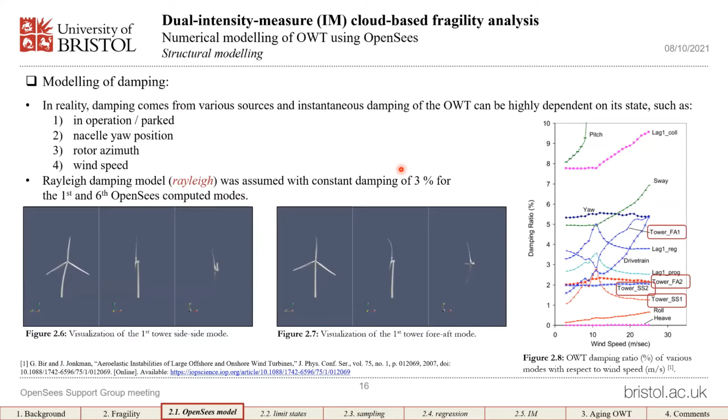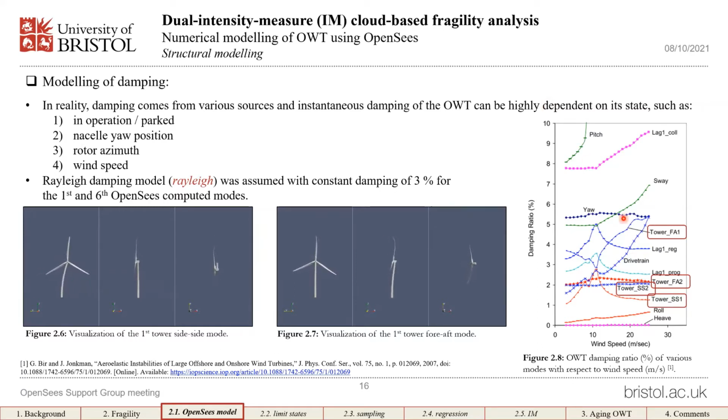The modeling of damping is greatly simplified in our models, in line with many of the previous studies. Obviously, we have noted that in reality, damping comes from various sources, and the instantaneous value of damping of a wind turbine can be highly dependent on its state.